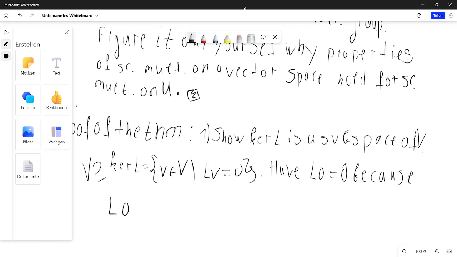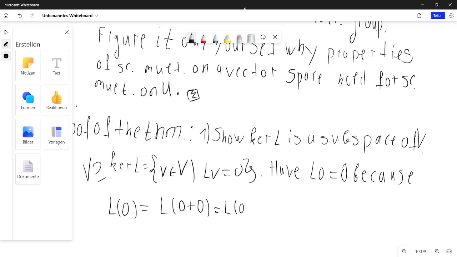L(0) equals L(0 + 0), by the property of a neutral element, 0 being the neutral element of a vector space.